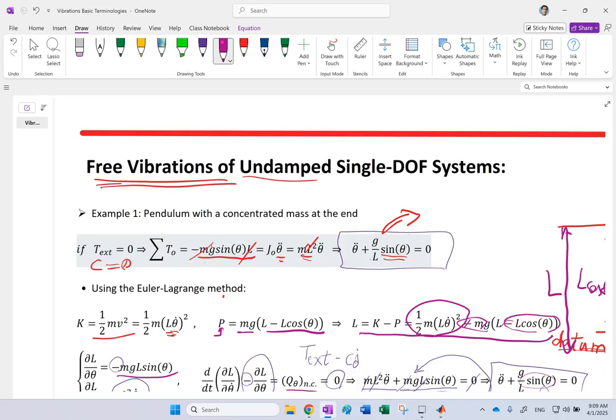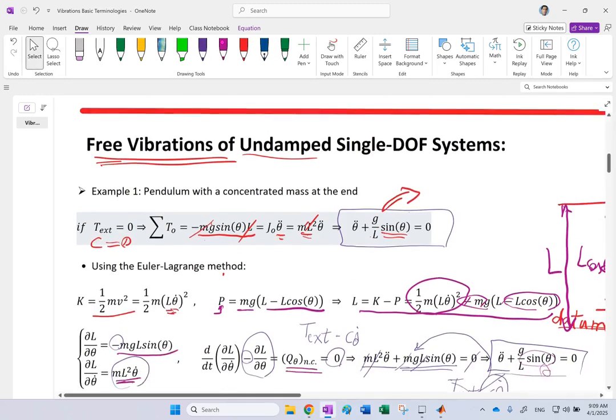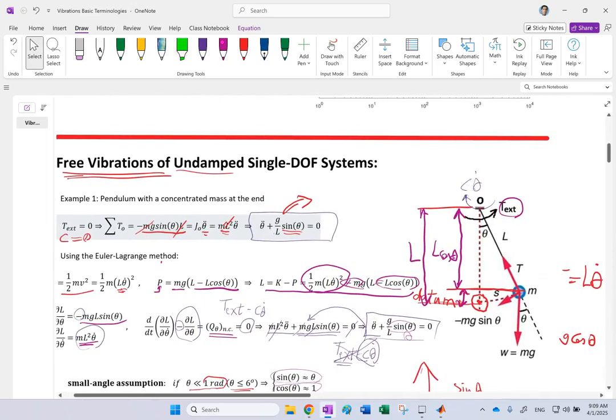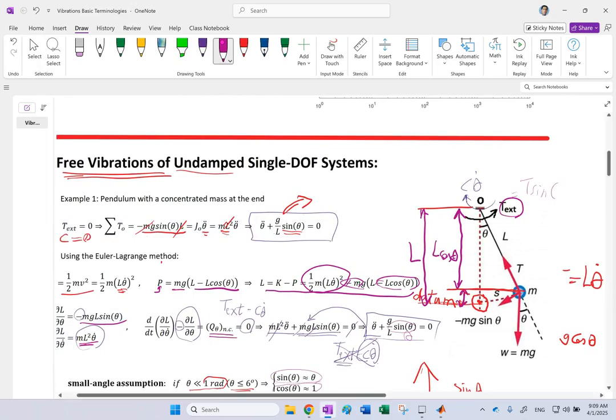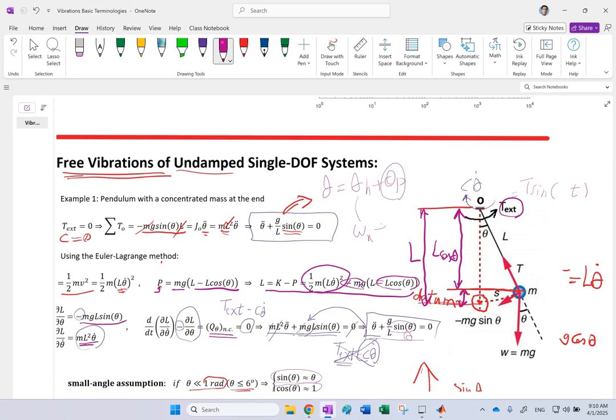You'll see in my video, that is 2 videos from now, when I talk about forced vibration, that if this T external is a function like, for instance, T times sine of some other omega t, then you'll see that you will have a particular response. Your theta is going to be theta homogeneous plus theta particular. This theta particular is not going to be sine of omega n t.